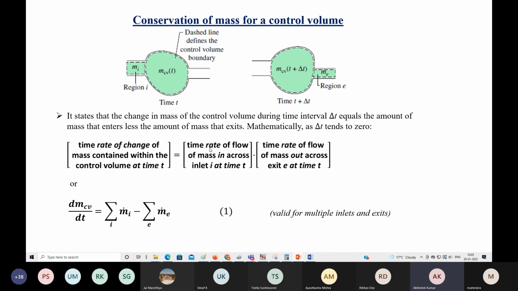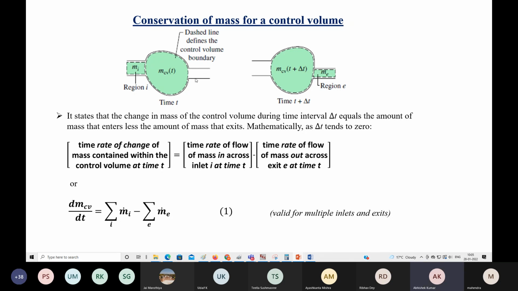Time rate of flow of the mass in across inlet A, whatever mass is coming in and whatever mass is going out. At time equal to 0, suppose this is empty, then what will happen first? This mass will be accumulating over here, simultaneously leaving as well as accumulating.